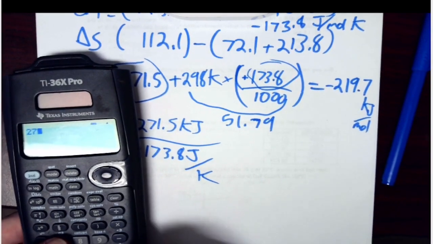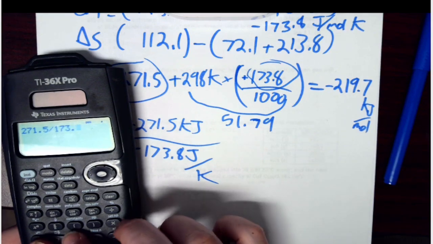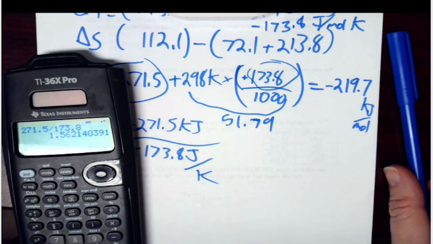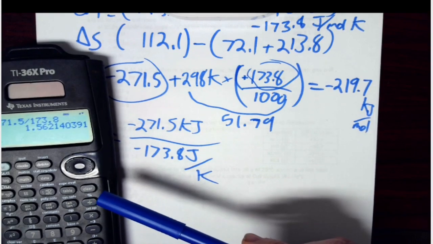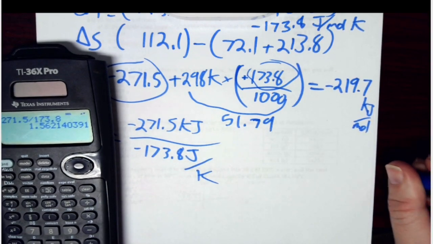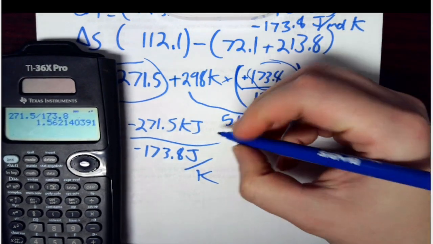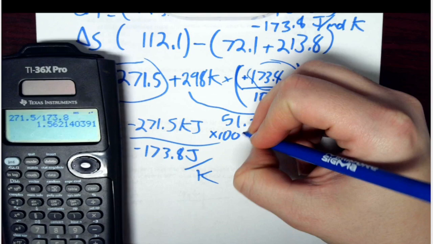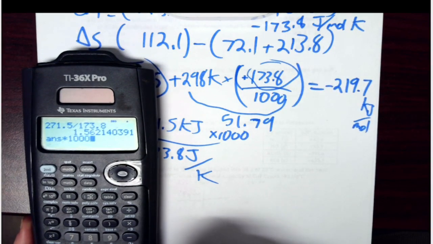But so 271.5, if I divided by 173.8 and I did not multiply by 1,000, I get a temperature of 1.56, which is essentially almost 0. And as a temperature, that will not work. That is not going to be good. So times it by 1,000.